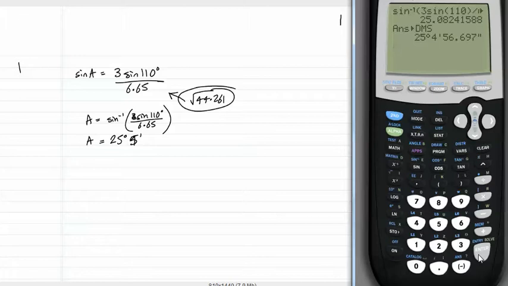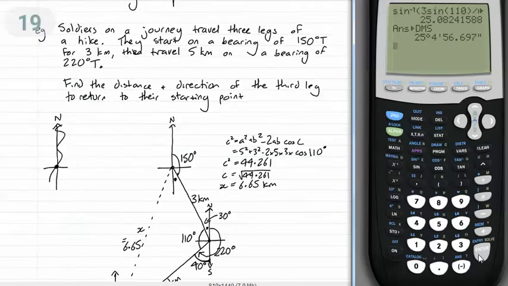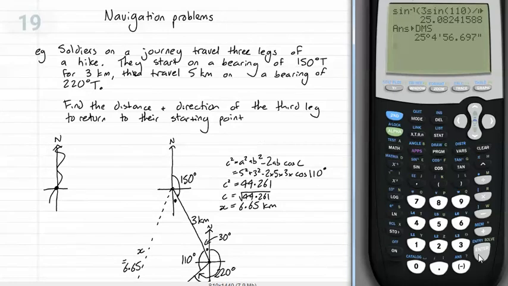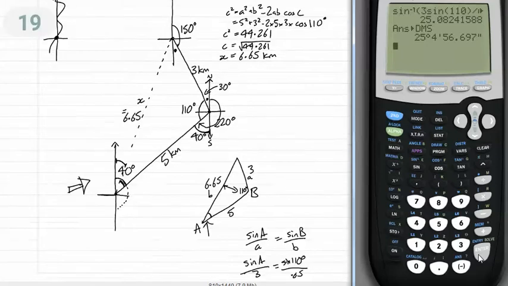Now, that's not our bearing. Firstly, that's an angle, and secondly, that's an angle back in our triangle. So we go back to our triangle. That was angle A. In my little triangle just here, that was 25 degrees 5 minutes.